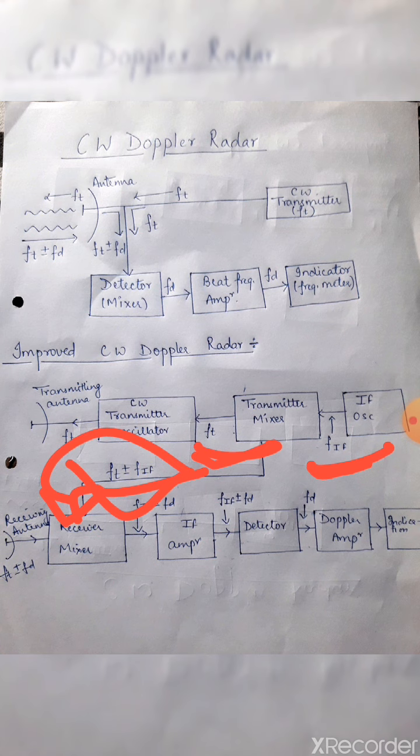In this type of radar, two separate antennas are used, as I told you earlier, the transmitting antenna and the receiving antenna, for transmission and reception.